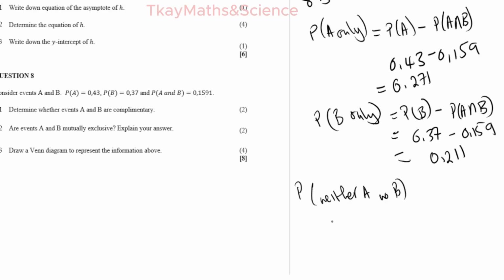It's actually 1 minus the probability of getting A, the probability of getting B. Actually, it's a minus. Let me just make it correct there.